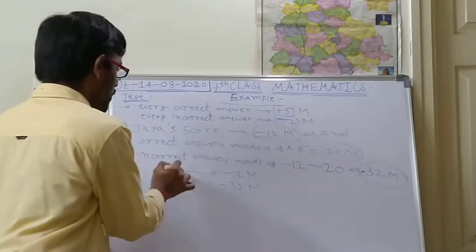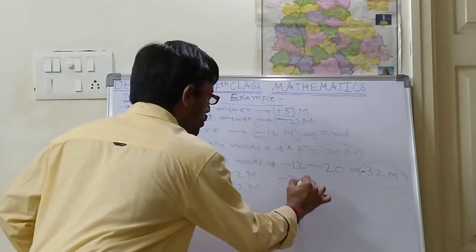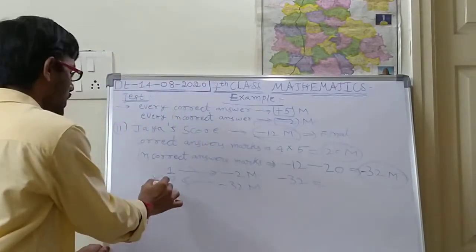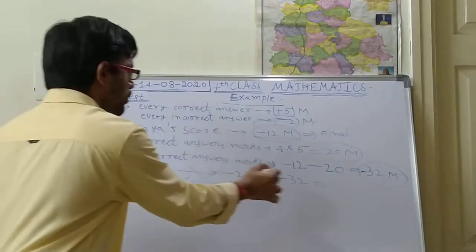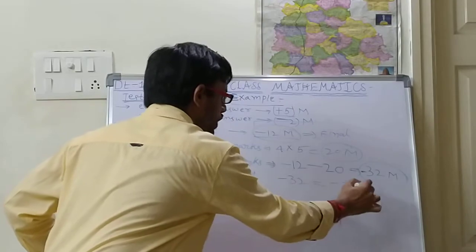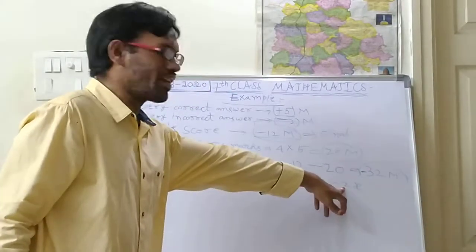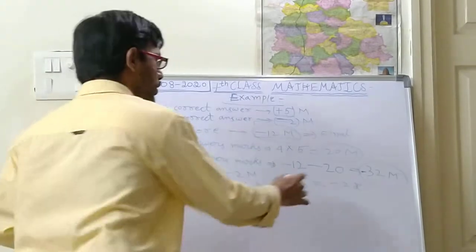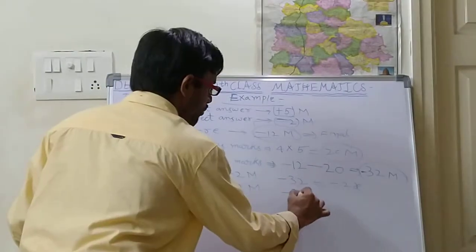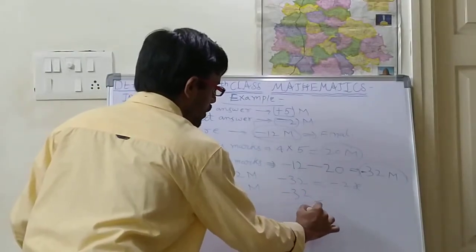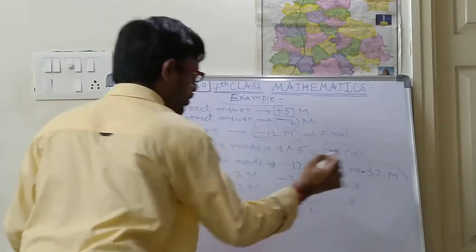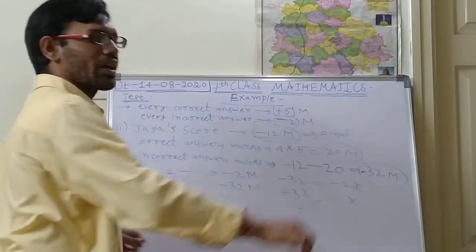Minus 32 into 1, minus 32 is equal to, consider this as x, so x into minus 2, minus 2x. Minus 2 is doing product, so if you send it to this side, minus 32 by minus 2, it will do division. Now the minus will get cancelled.